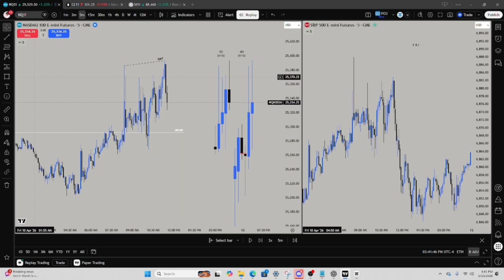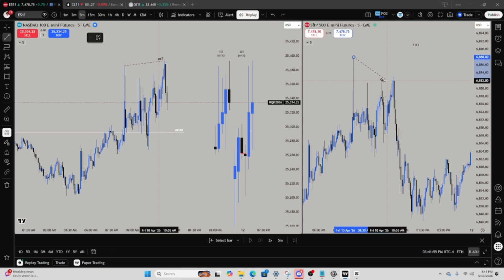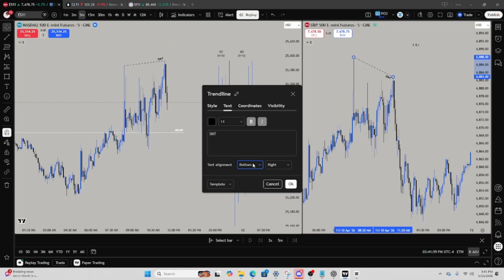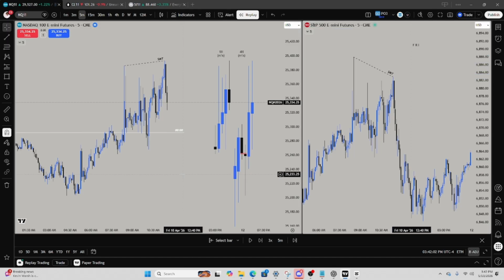Anyways, moving forward, we have our SMT at the highs where NQ took the high and ES fell short. ES was the stronger asset, and let me tell you why. In any case where we have SMTs and one fails to take the high but the other one does, if we're looking at a short bias, the one that fails to take the high is higher probability, because it shows more rejection of the upside.